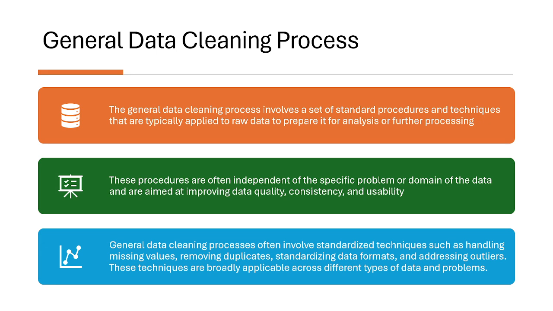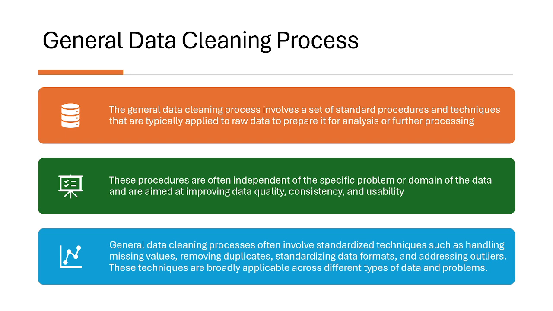These procedures are often independent of a specific problem or domain of the data and are aimed at improving data quality, consistency, and usability. This means that no matter the domain or the type of analysis you're trying to carry out, this is a compulsory data cleaning process that every dirty data must pass through.